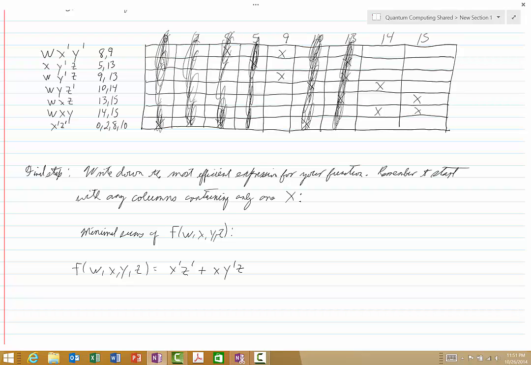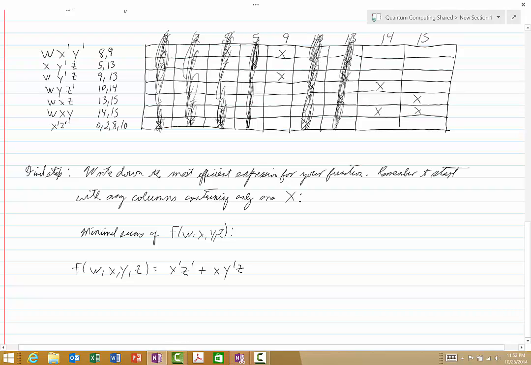But notice that when you look at your remaining alternatives, if you choose this 8-9 term, you only knock out one of the remaining terms that has to be accounted for. The same is true if you choose the 9-13 term. You would only knock out one. Or the 10-14 term, you would only knock out one.